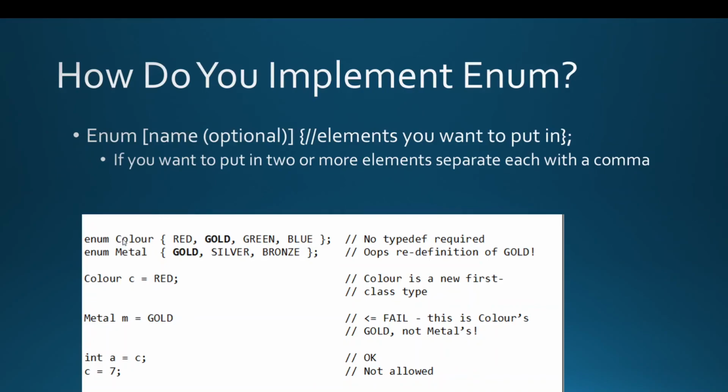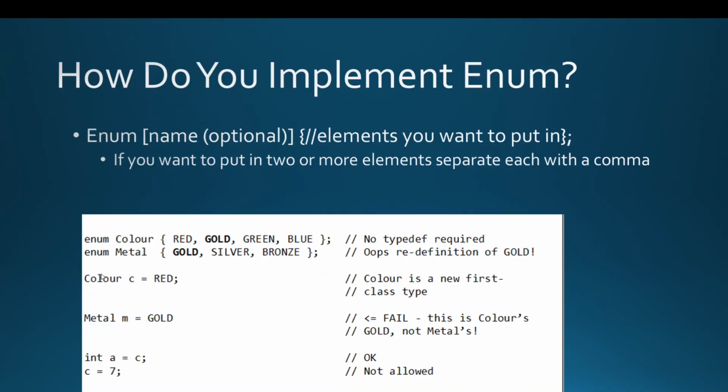Some people spell it COLOUR, and other people spell it COLOR. So inside, you put red, comma, gold, comma, green, comma, and then blue. And then you don't need to put any comma anymore because you're not putting another element. Alright?